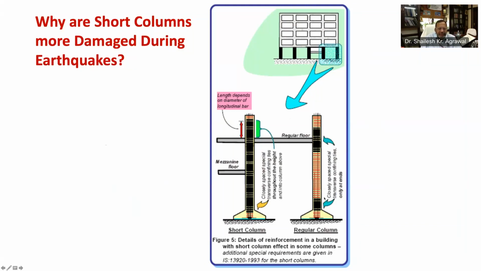The special confining reinforcement, that means closely spaced closed ties, must extend beyond the short column into the columns vertically above and vertically below by a certain distance, as you can see in this figure. The right-hand column is a regular column having closed ties only at the ends, whereas the left-hand short column has special confining reinforcement throughout the height.